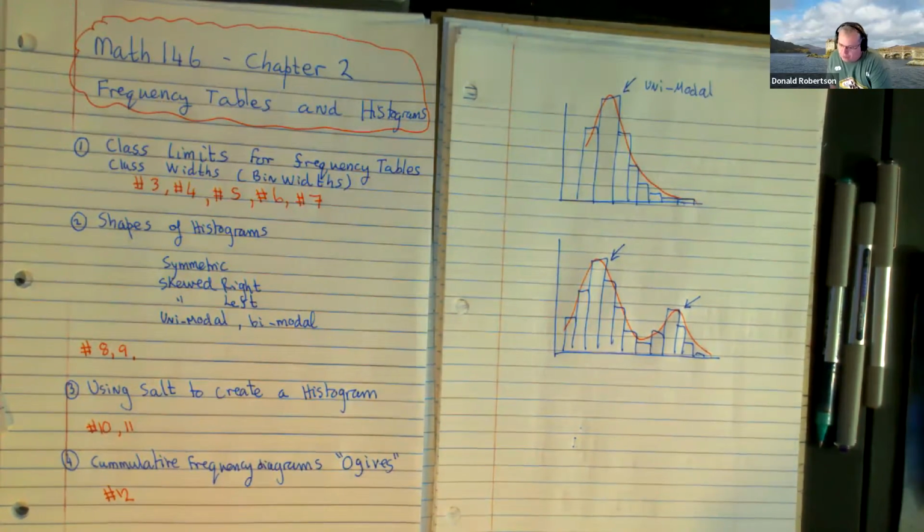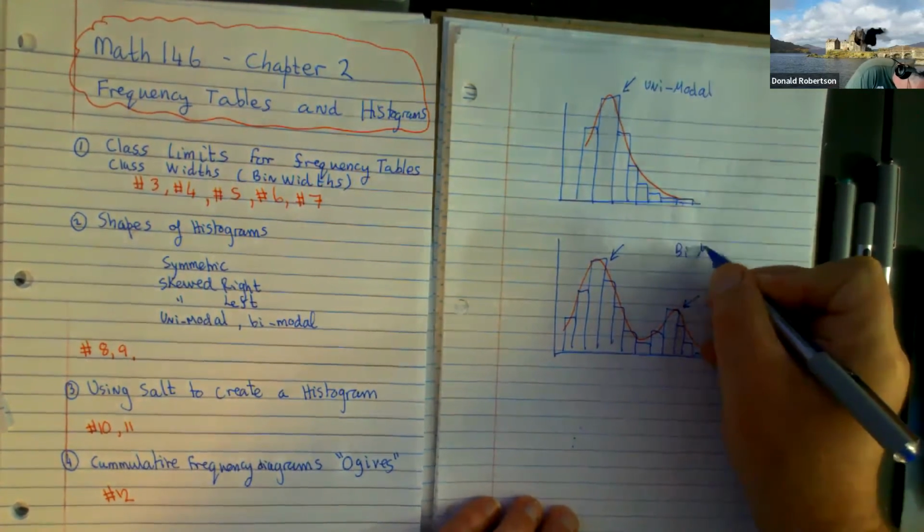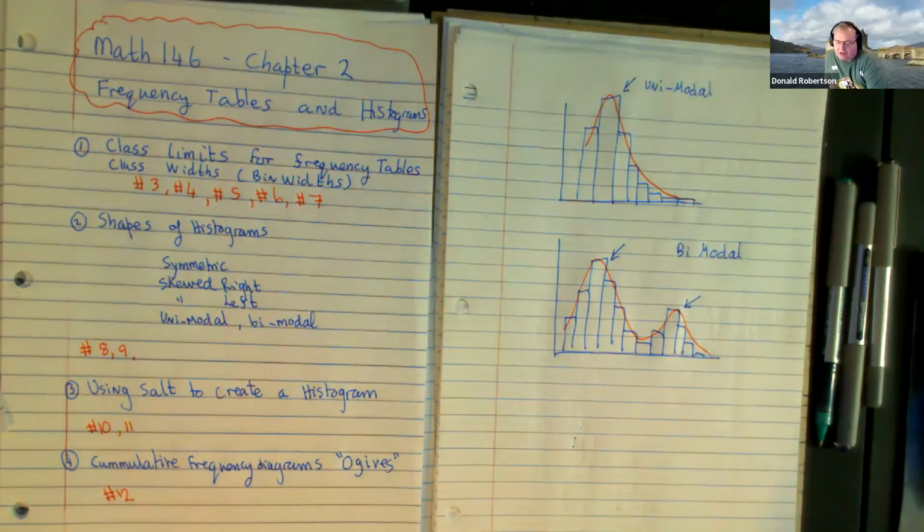Would you agree it's got 2 distinct, obvious hills? And those are called bimodal. So if you have a histogram that contains 2 clear, distinct hills, not just little wobbles up and down, but really noticeable hills, we call it bimodal. So unimodal, unicycle, 1 hill, bimodal, bicycle, 2 wheels.